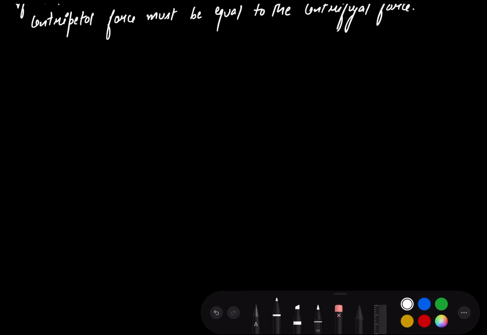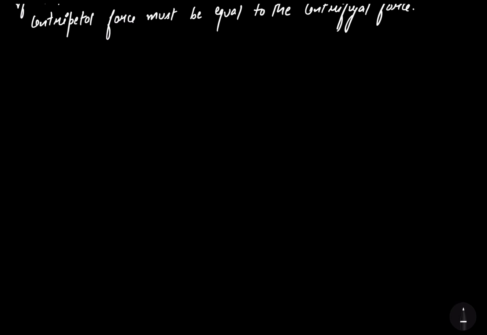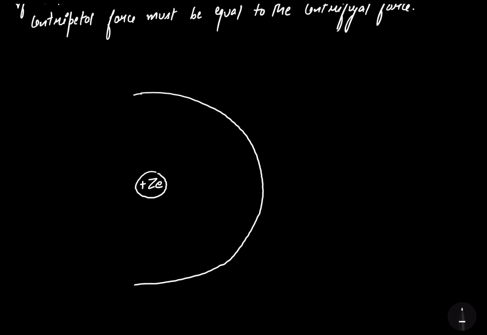I am making the diagram. That is my nucleus. Now this is my orbit. Assume your electron is present over here.